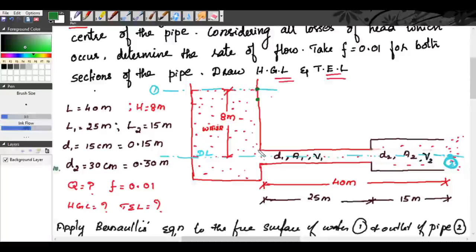So at the entrance, at this point, the total energy is 7.5 meter, right? So this distance is 0.5 meter. This is the loss. So we will take this point as A, this point as B. So you join AB.